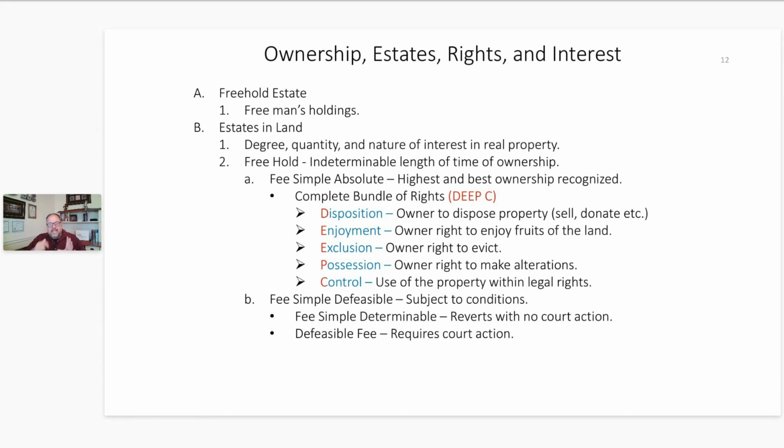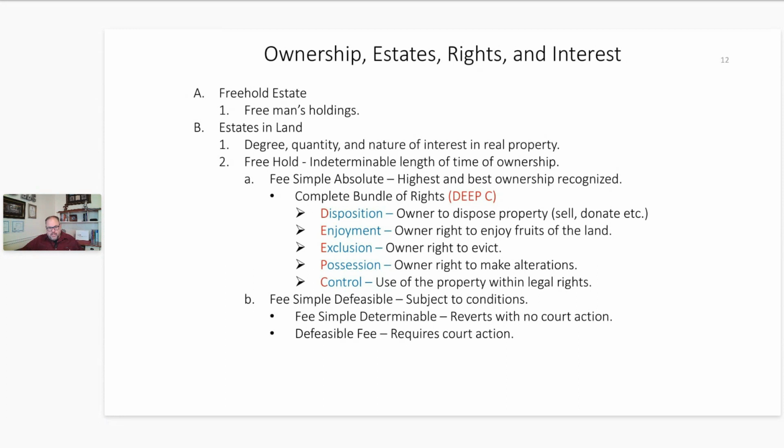Enjoyment, they get rights of ownership. In other words, they can bear the fruits off that land. It's not necessarily talking about farmland, but the fruits of what that land can bring. It could be rental property, or farmland and agriculture that produces fruits. Anything that land produces, the owner receives. Exclusion, that's where they can make it private property.